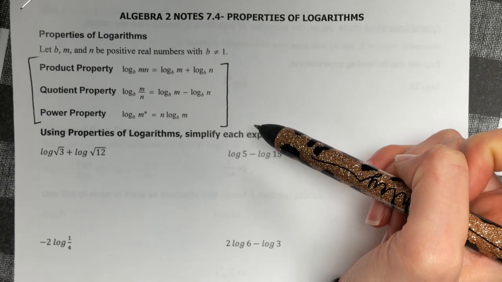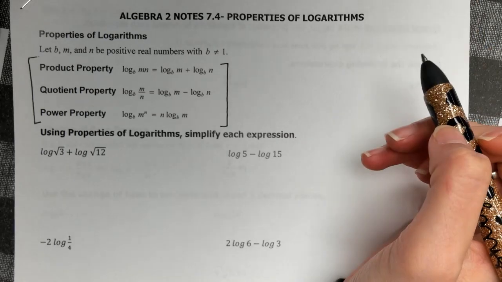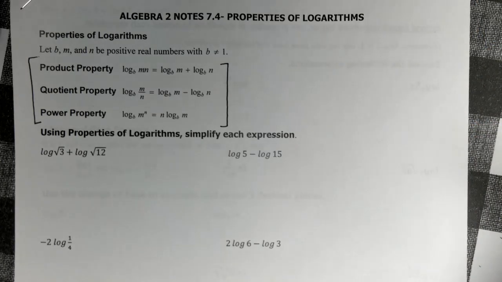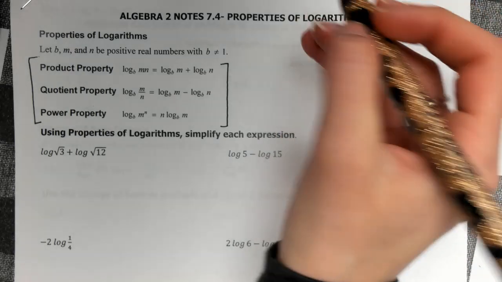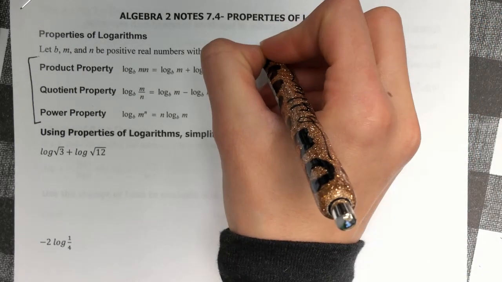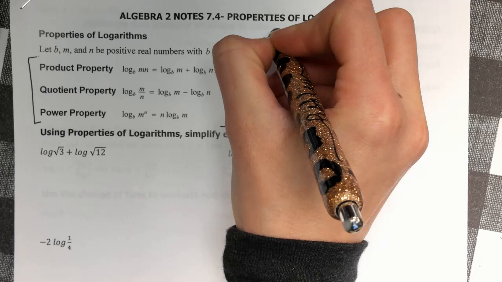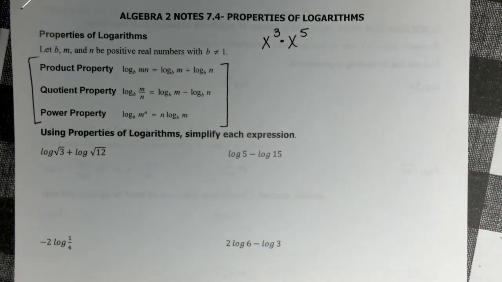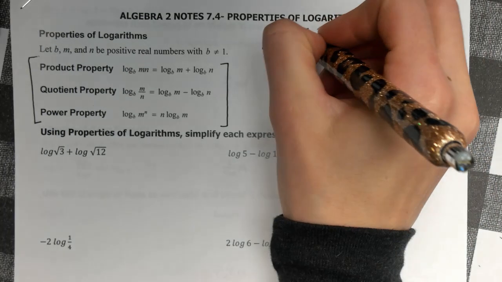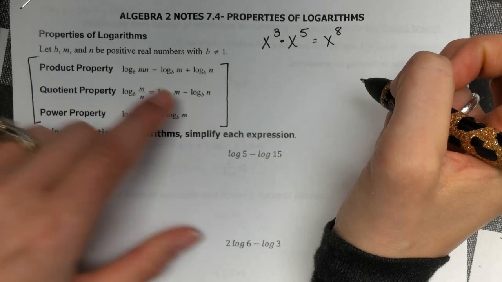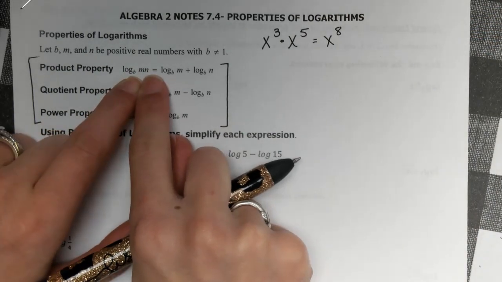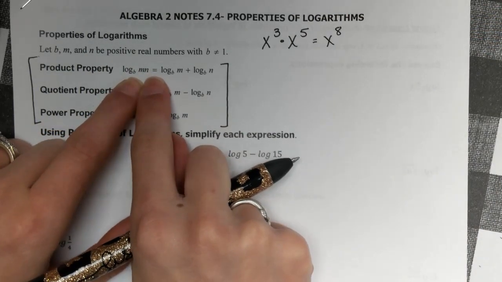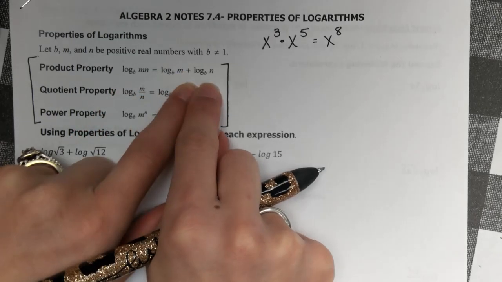So I'm going to reference back to your exponent properties to show you they go hand in hand. If I had my exponents back in chapter 6, x cubed times x to the 5th, I was multiplying like bases. But what did I do with my exponents? I added them to give me x to the 8th. So if I'm taking the log of two things being multiplied, I can separate those two things by adding.